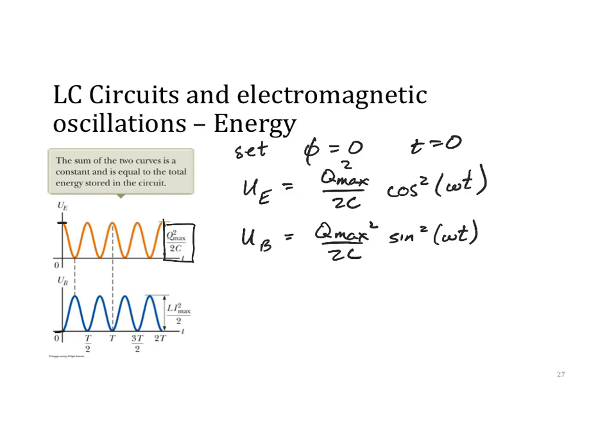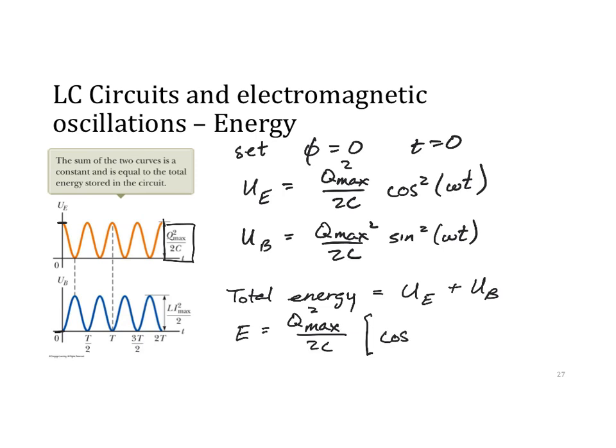So it turns out if you add up these two energies, you get the total energy. So our total energy is just going to be the addition of the energy that's stored in our electric field and the potential energy that's stored in our magnetic field. That total energy, if we look at it, both have this factor of Qmax squared over 2C in the front. And then we've got a cosine squared plus a sine squared. And anytime you see cosine squared plus sine squared, you should totally rejoice, because there's a trig identity that just equals 1.